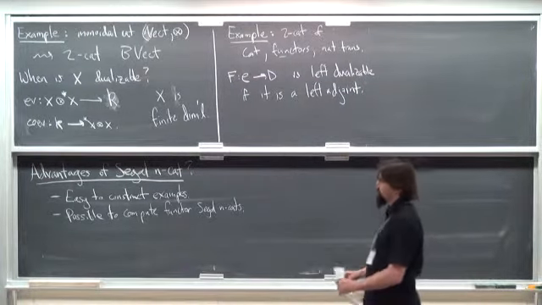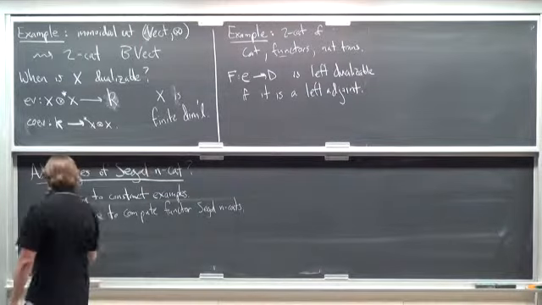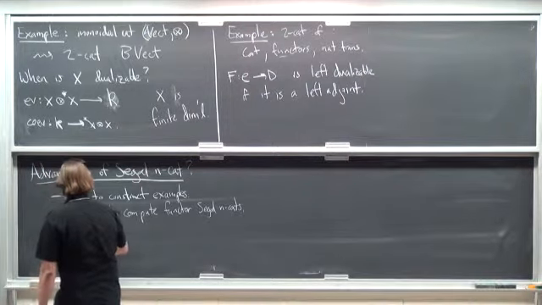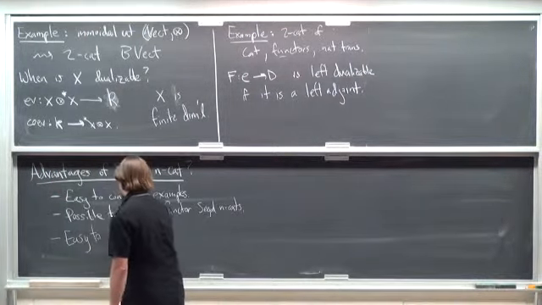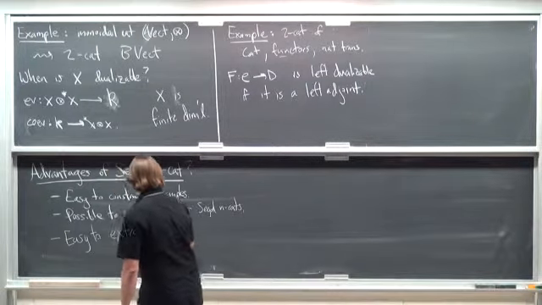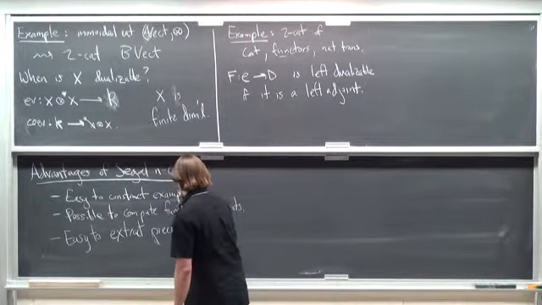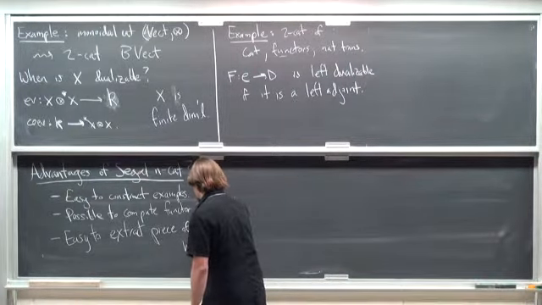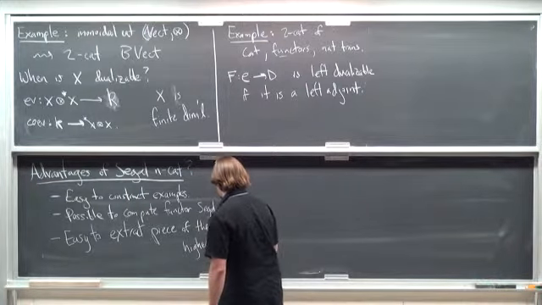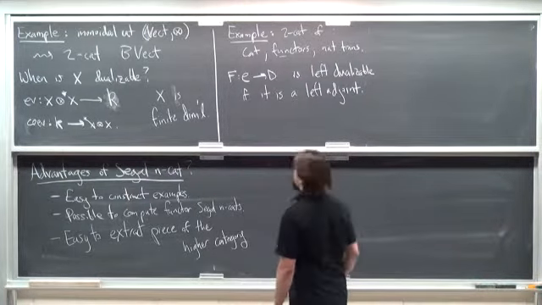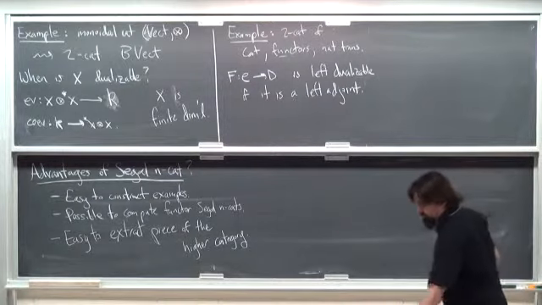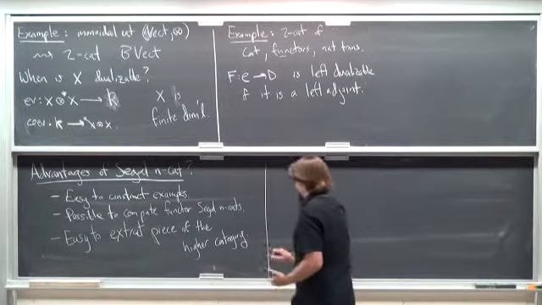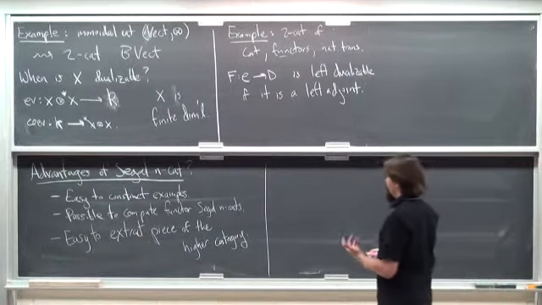But the most important reason for our purposes is that it's easy to extract pieces of the higher category. It's almost trivial to sort of extract certain kinds of data from the higher category and look at it and examine it and play with it. So we already saw some examples of that.